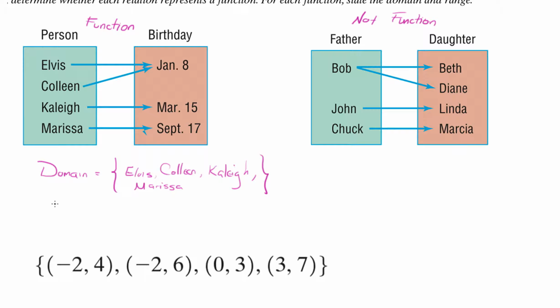Okay. Now the range is also a set, but this time it's the outputs. So January 8th, March 15, and September 17.